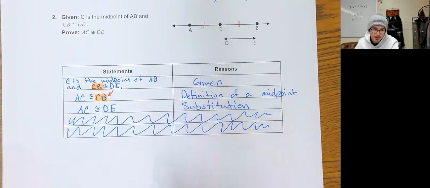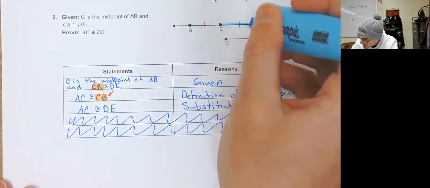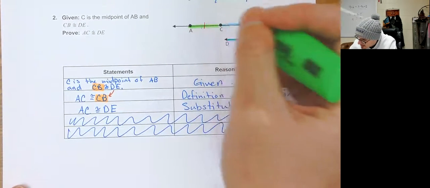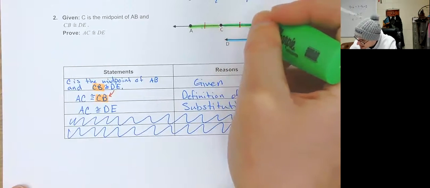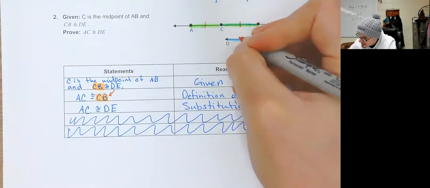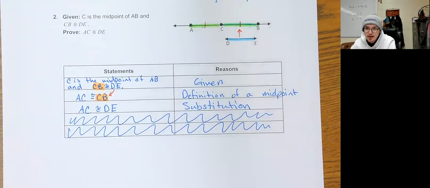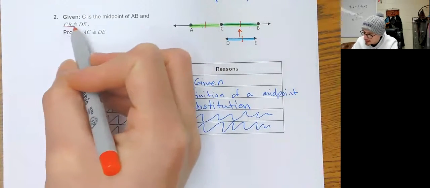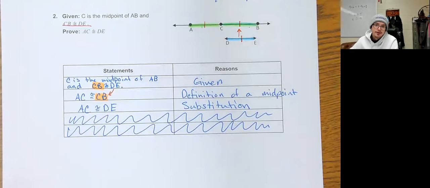And then we already knew that CB was congruent to DE. And then we just proved that AC was congruent to CB. That meant that we could substitute DE in for CB, since we know that this is congruent to this also, based off of what we were given. Right? So they're all three congruent. They're all interchangeable. You can substitute them in for each other now that we proved it.